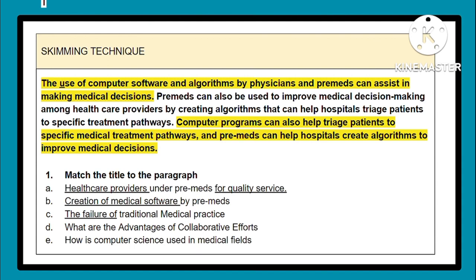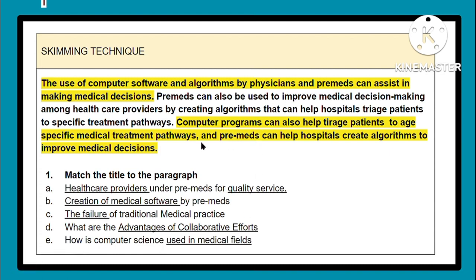And finally, how is computer science used in medical fields? So I'm going to highlight use in medical fields because that speaks to me the most about this question. So I've already highlighted it, and I'm going to see if I can find the synonym here.